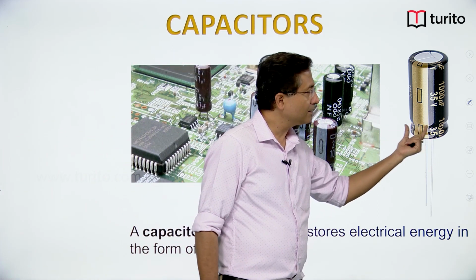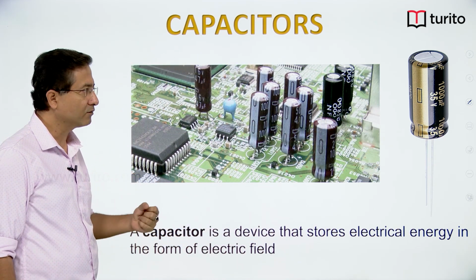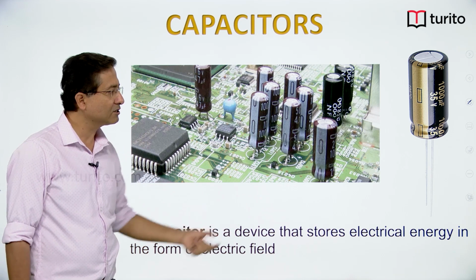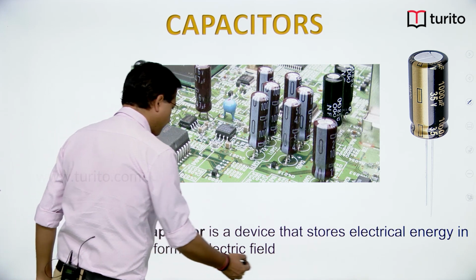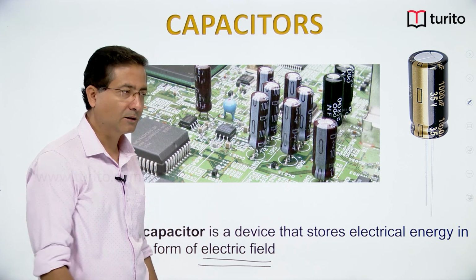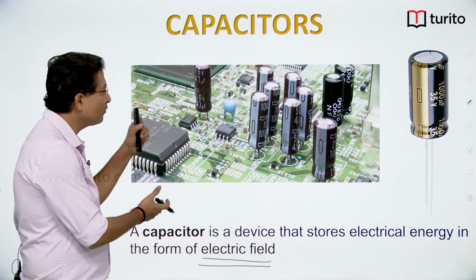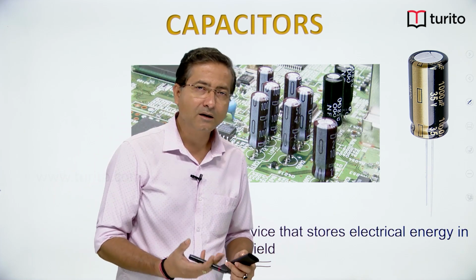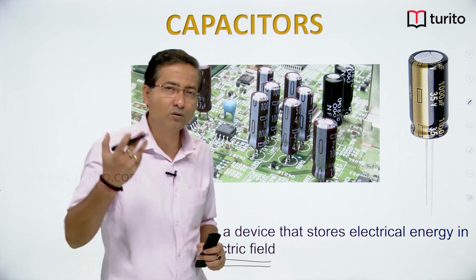So this device stores energy in the form of electric field. So capacitors are the devices which store electrical energy in the form of electric field. How they store energy we will see in this chapter. Now, to measure how much energy or charge it can store, I need a parameter which can give me an idea whether the charge storing capacity of a capacitor is more or less.